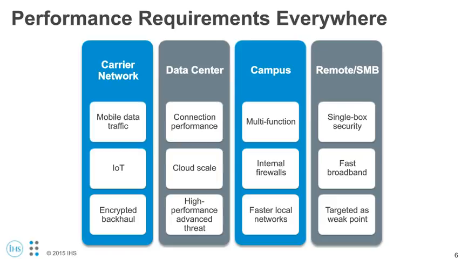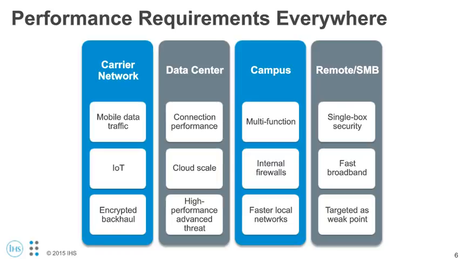Obviously, in the carrier networks, mobile networks, they're wrestling with some huge issues. Explosive growth in mobile data traffic, encrypted backhaul. I didn't even mention in the threat discussion, IoT, Internet of Things, Internet of Everything, how much the threat surface is growing as a result of IoT, but really from a carrier network perspective, the potential for traffic growth as a result of connecting trillions of new devices that are constantly chattering.